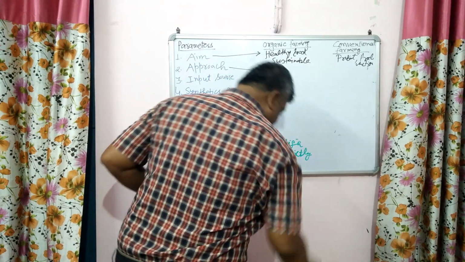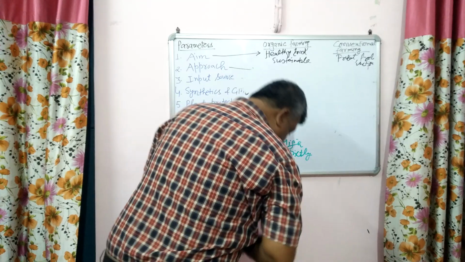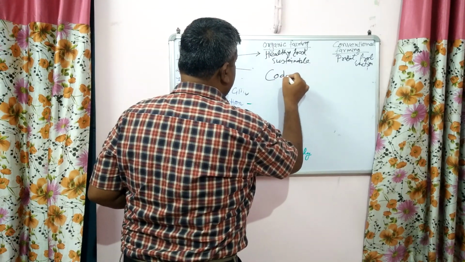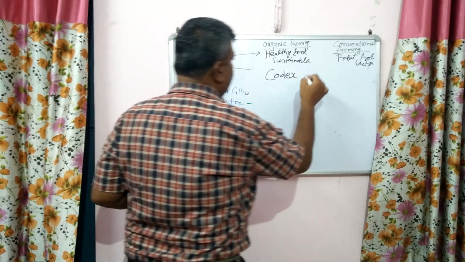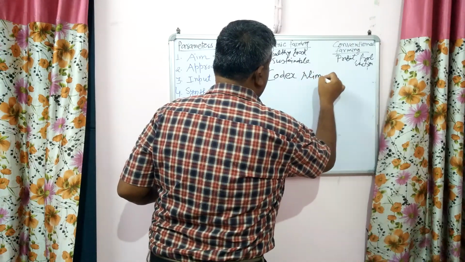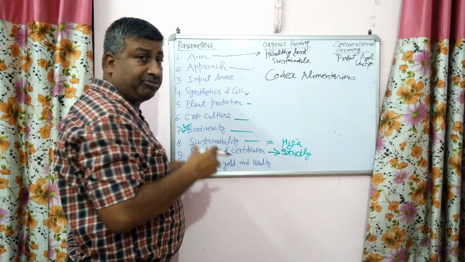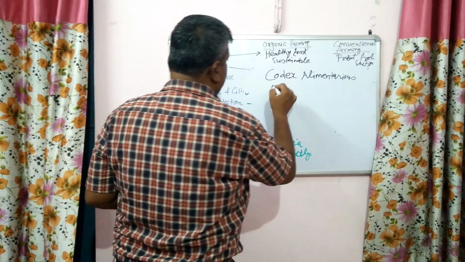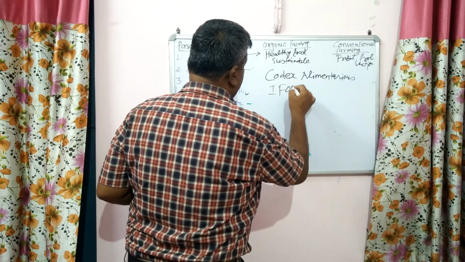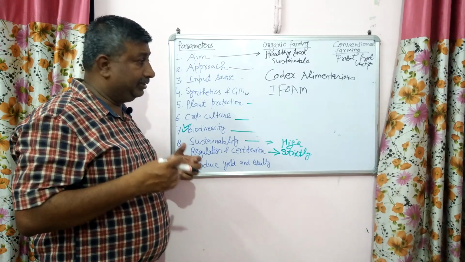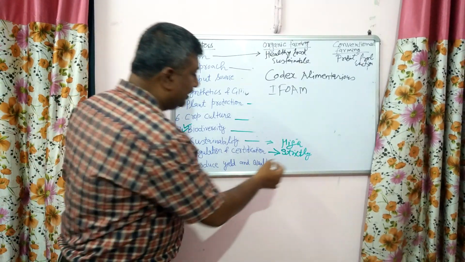International bodies are very common, like Codex, the Codex Alimentarius, the international institution, which has strict regulation on organic production. Then IFOAM, the International Federation of Organic Agriculture Movements, has regulations, so it is strictly regulated.